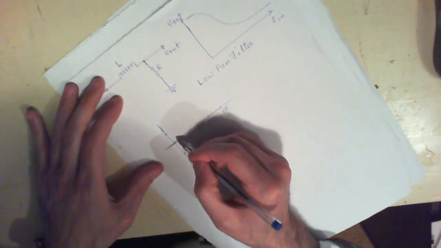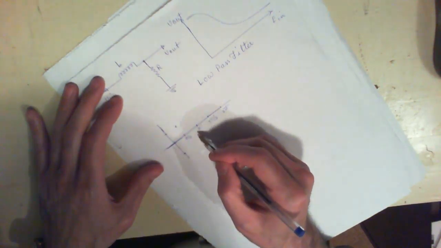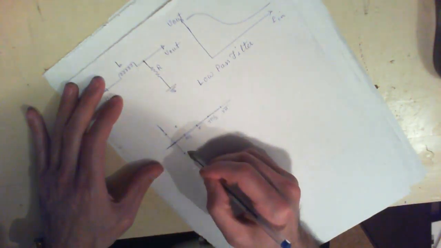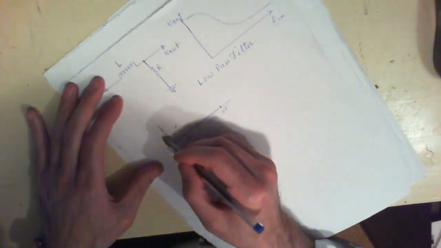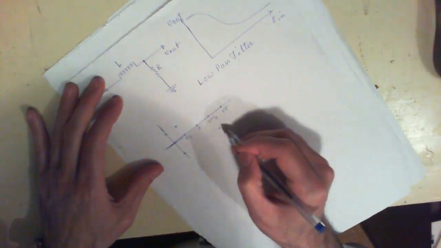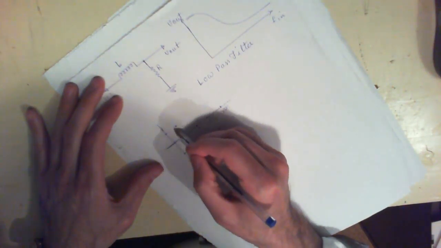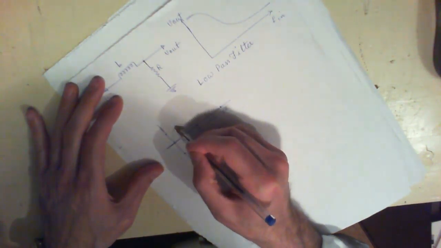Then at pi by 2 you're at 1, and then over here you go to 0, at 3 pi by 2 you're at -1, and then over here you're at 0. So this is the upper peak and the lower peak of your signal, and your signal is going to be something like this.